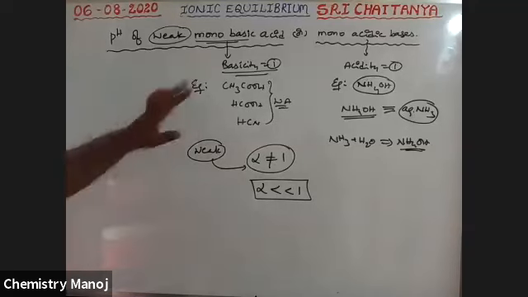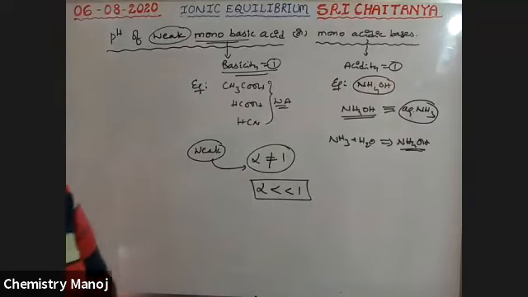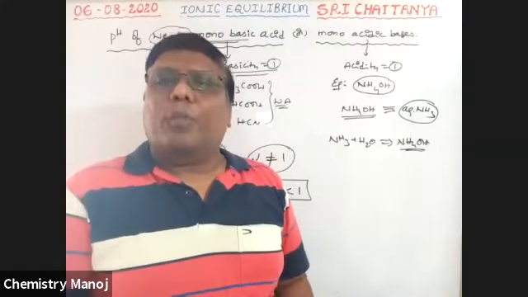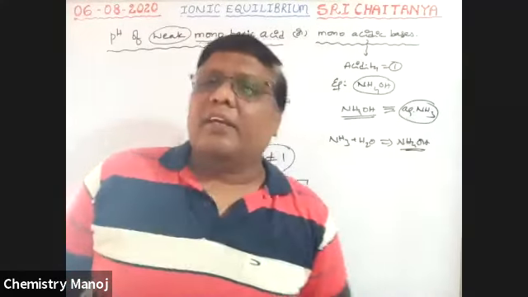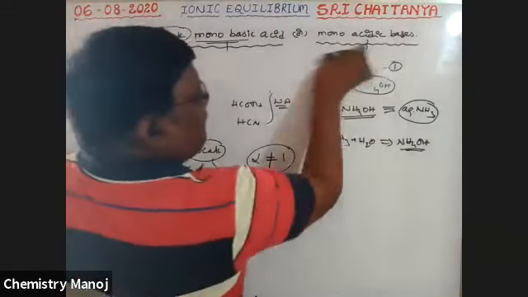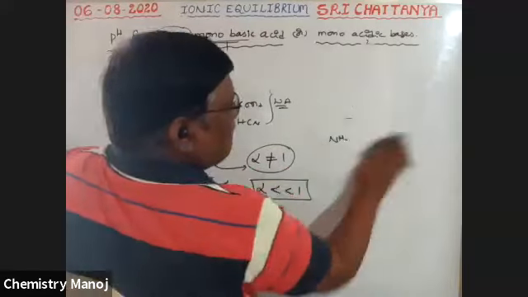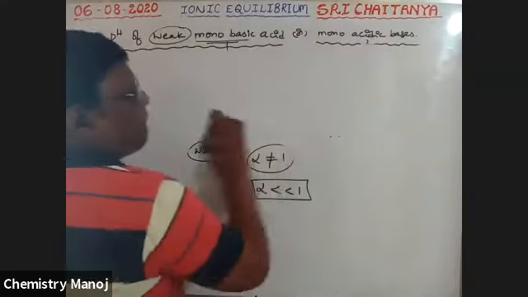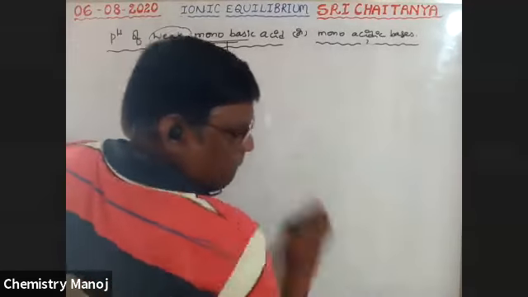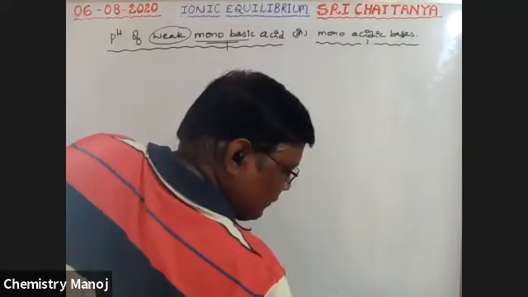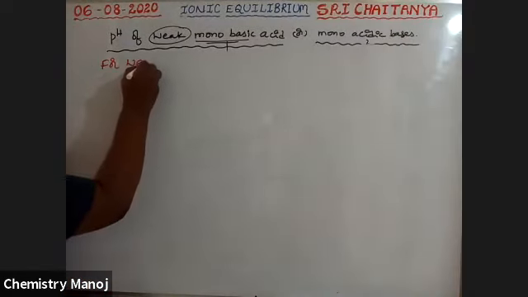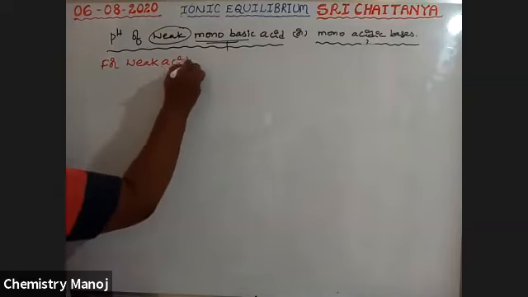In this case, how to calculate pH of weak acids and weak bases? Particularly, we consider monoacidic and monobasic conditions. Now I am considering a weak acid.